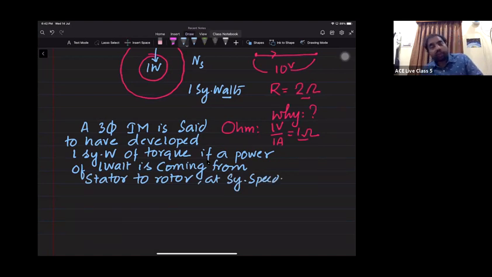So nothing but the rotor input power in watts is your torque in synchronous watts, right?